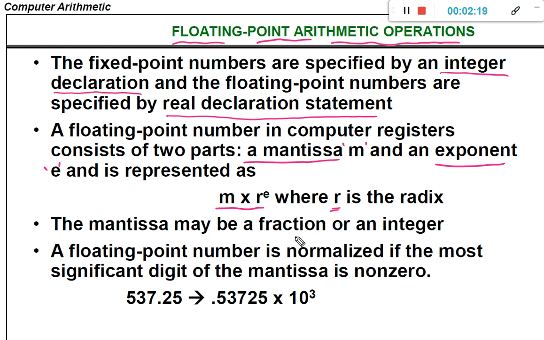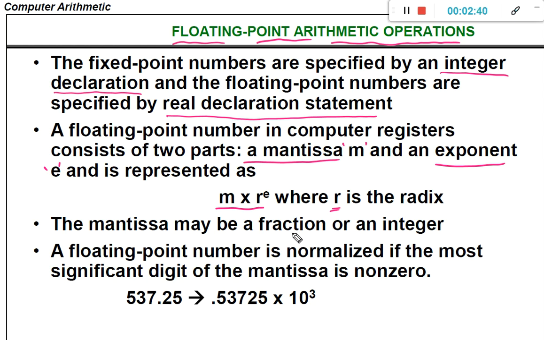The mantissa value may be a fraction or an integer. However, it is preferable to consider the mantissa as a fraction, because if you convert the fraction into an integer, for large numbers the value may change sometimes. That is why it is better to represent the mantissa as a fraction.